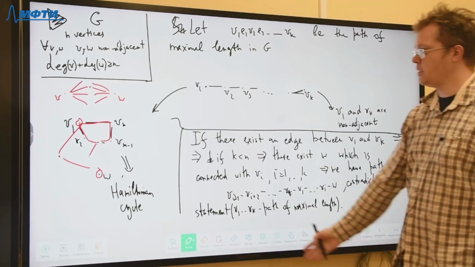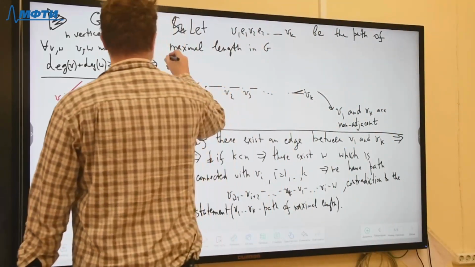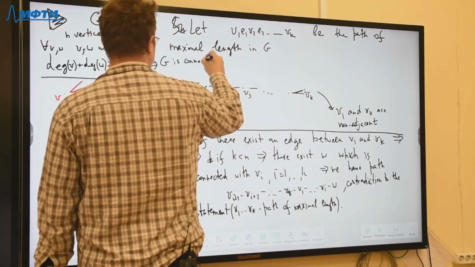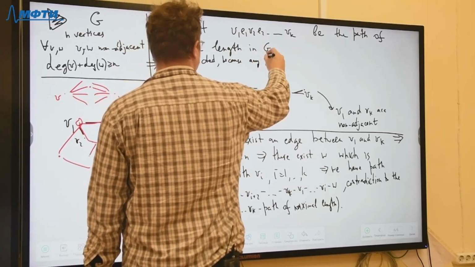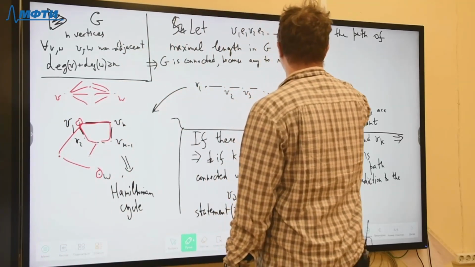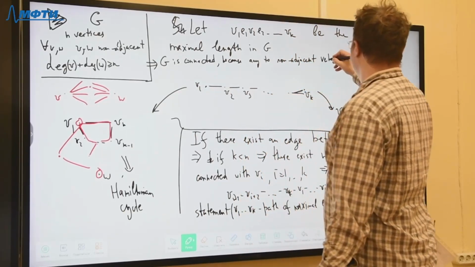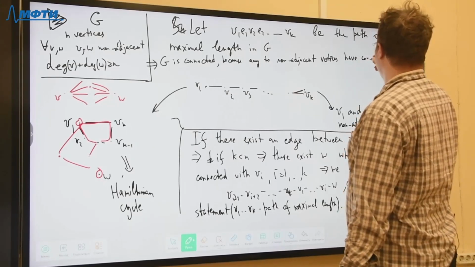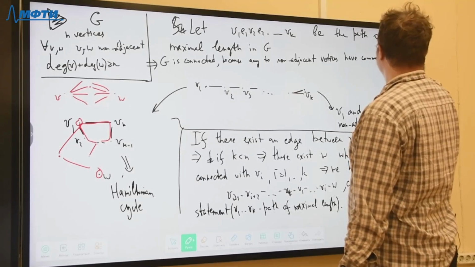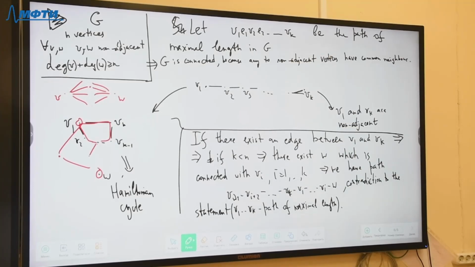I just explained this from the property: G is connected because any two non-adjacent vertices have a common neighbor, which means our graph is connected.